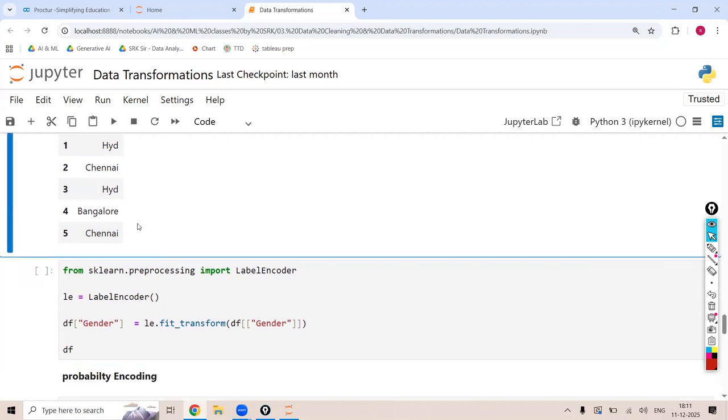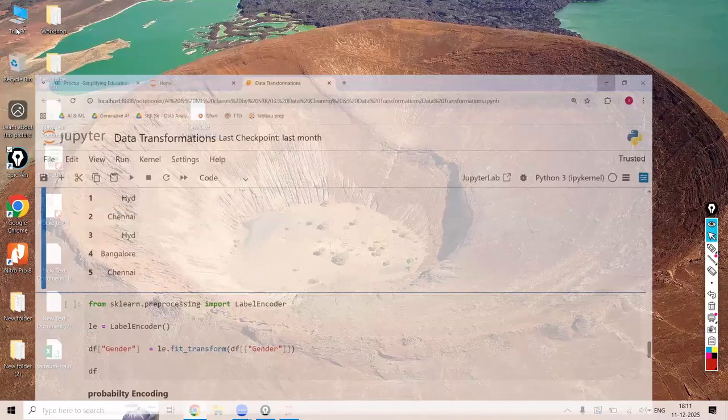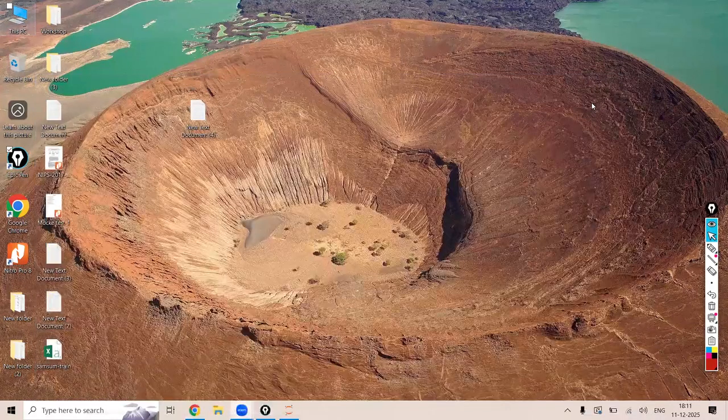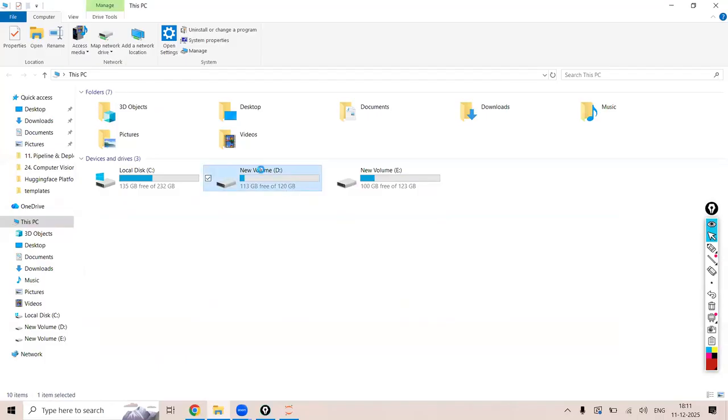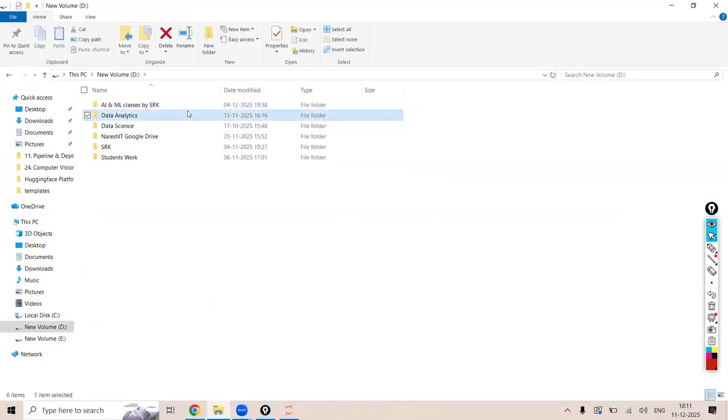When you have more number of categories, for example, let's take an example like this. I'll show you with one real-time example so that you'll get some clarity on that, in which case we have to go with label encoding.